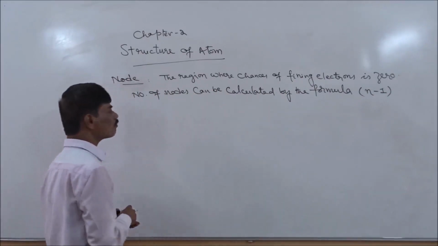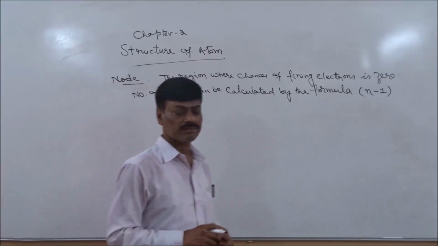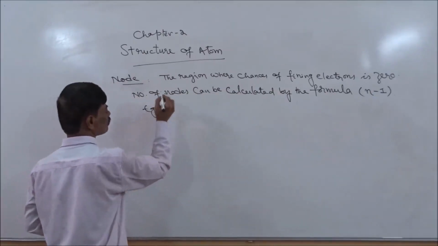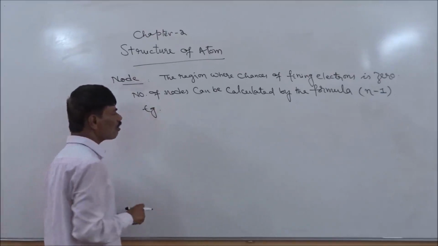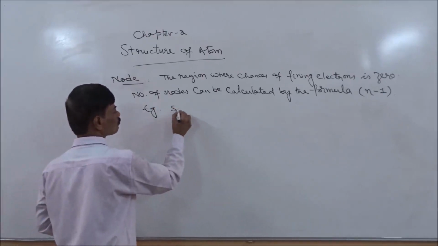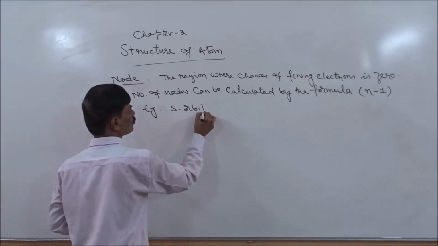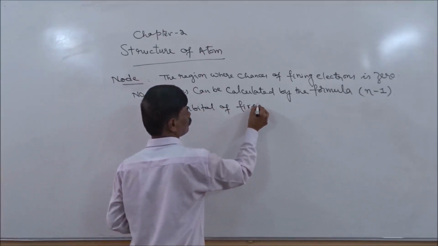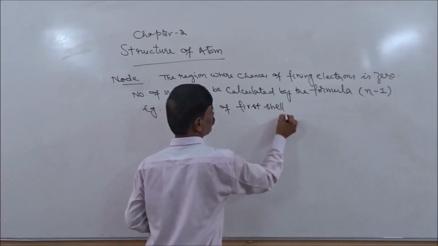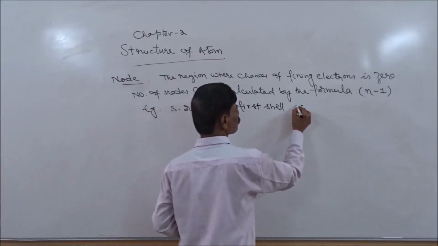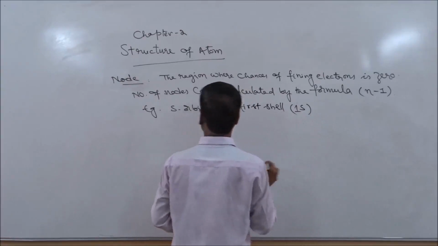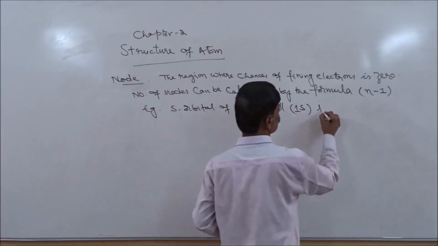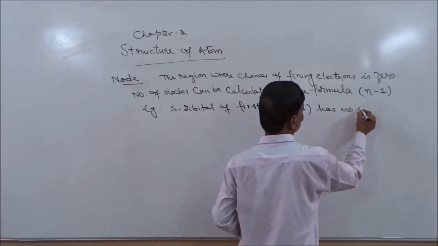If you take first shell, that is 1s, if you take s orbital of first shell, that means 1s. In that case, s orbital of first shell has no nodes.